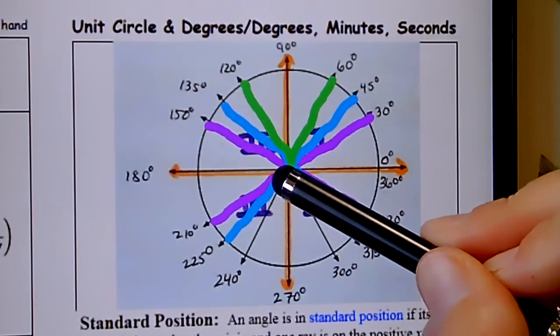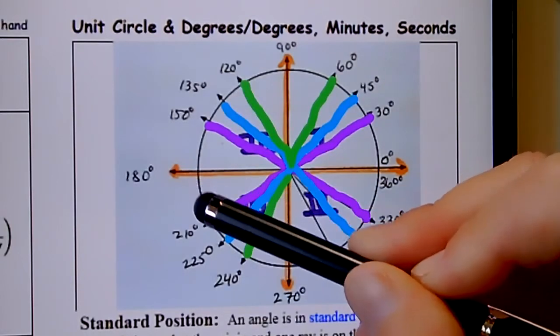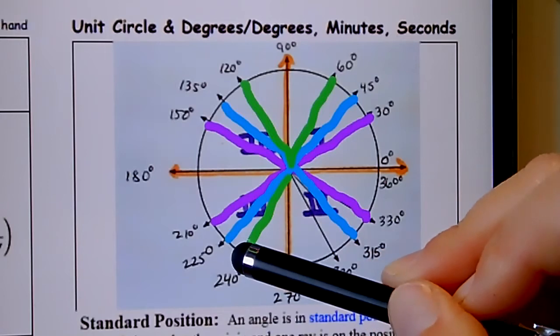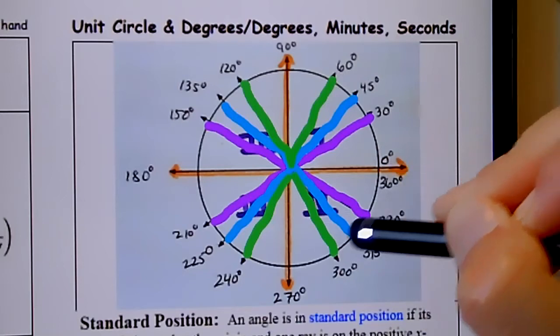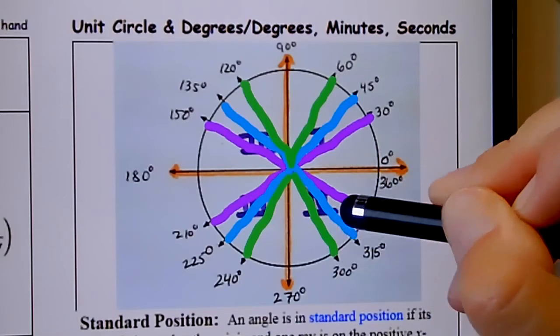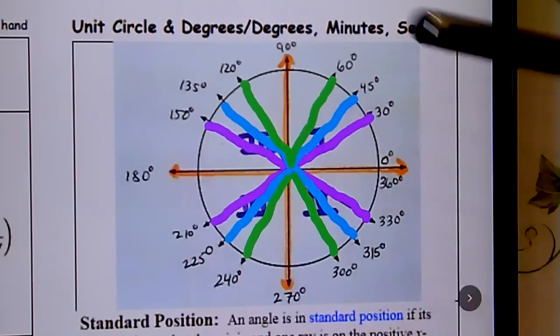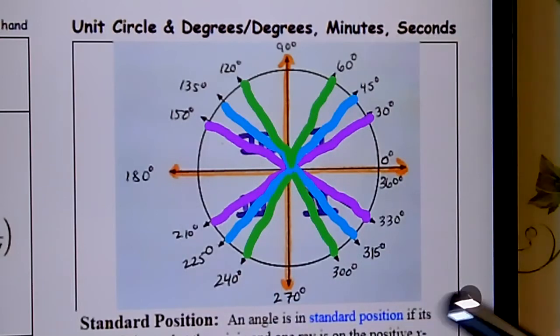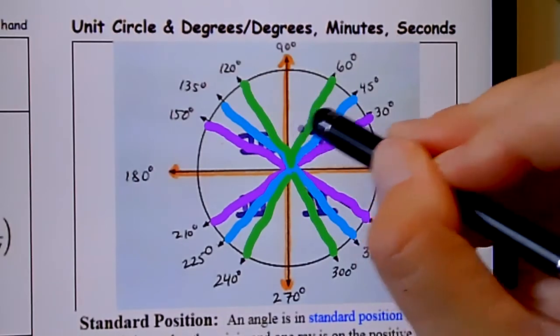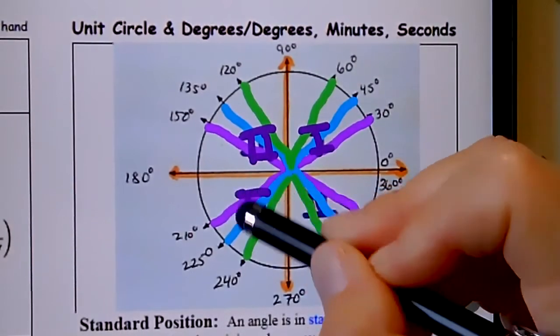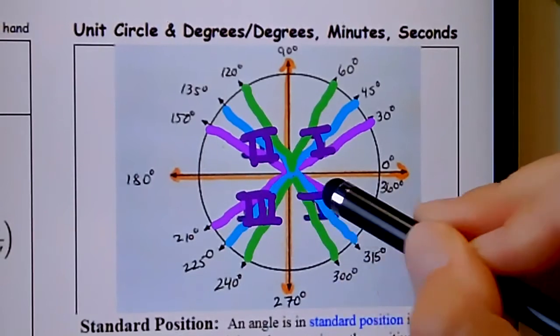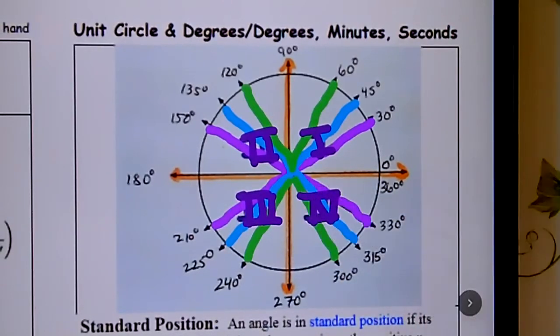Down here, 240 is going to be 60 degrees below the x-axis, and 300 is going to be 60 degrees below the x-axis. So all these ones in green are going to have 60 degrees as the reference angle. Okay, and just so we can see this, this is quadrant 1, this is quadrant 2, this is quadrant 3, and this is quadrant 4. Okay.